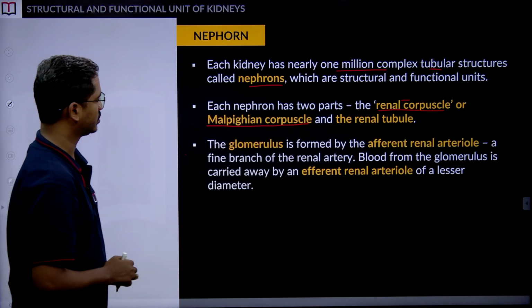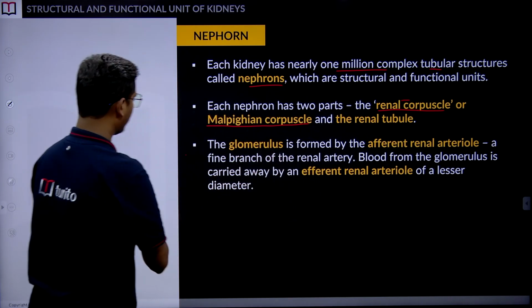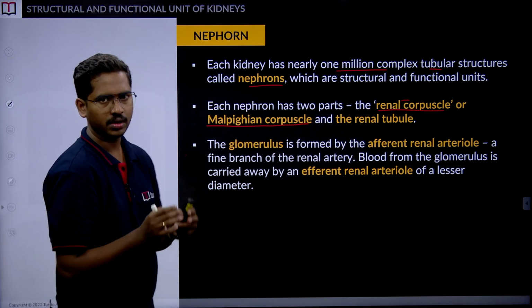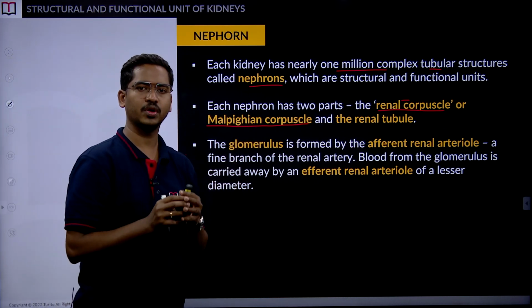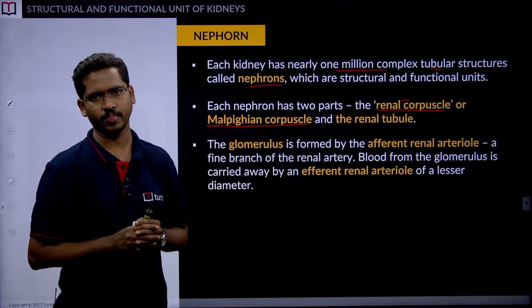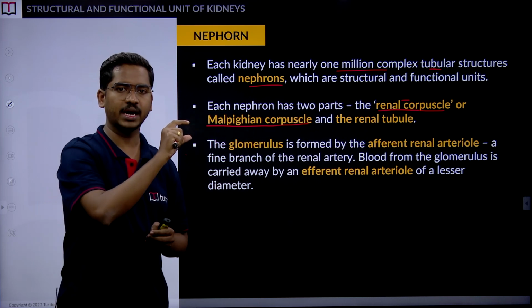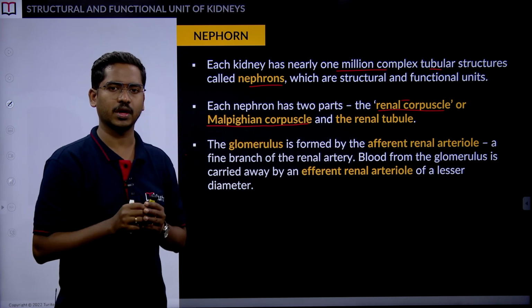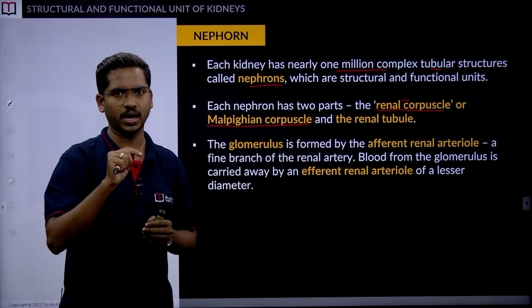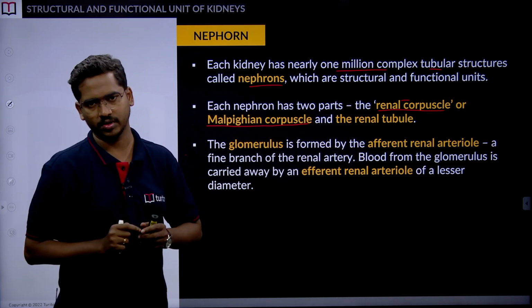Fine. Next, the glomerulus, that is inside the Bowman's capsule, or inside the renal corpuscle. You have seen there was a network of arteriole. The afferent arteriole was entering inside the Bowman's capsule, it forms a network inside, and one more arteriole was coming out of that Bowman's capsule.